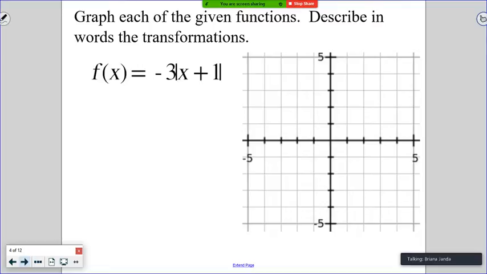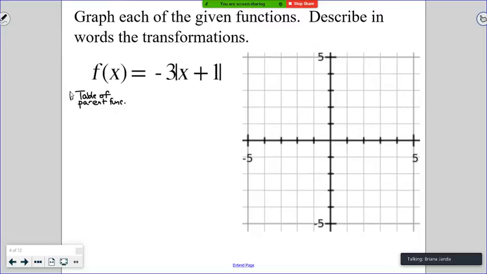But our first function, f of x equals negative 3 times the absolute value of x plus 1. We start, remember, with step number 1, which is just to write the table of the parent function. Can you get rid of all the distractions?